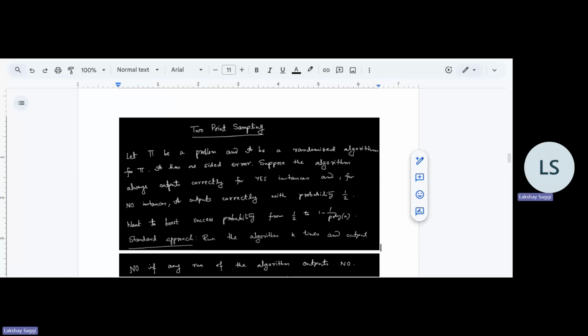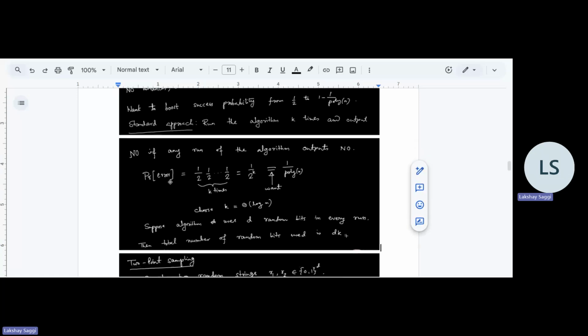And suppose you want to get a better idea of what the output is. So what you can do is run this algorithm multiple times. And what's going to happen is, if you run the algorithm multiple times, you say that the instance is a no instance if any run of the algorithm outputs no.